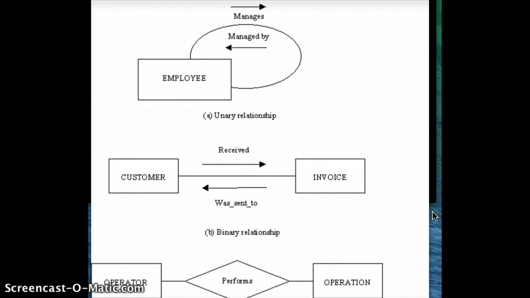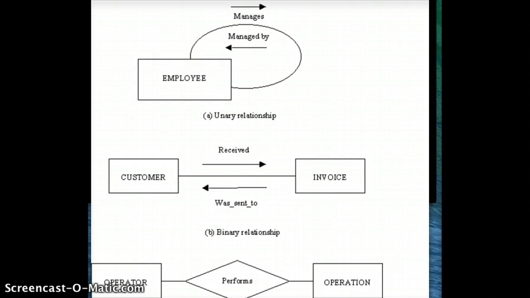A good example I like to use is a relationship like friendship between entities within the entity type person. You don't really get to see that here, but you can see that employee manages himself and is managed by things. This is a unary relationship.